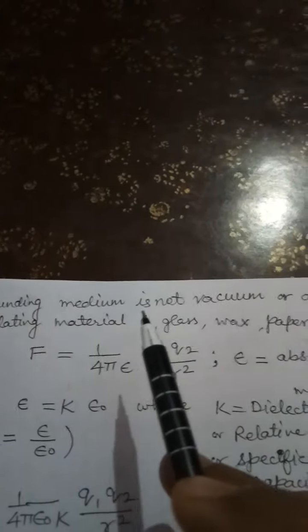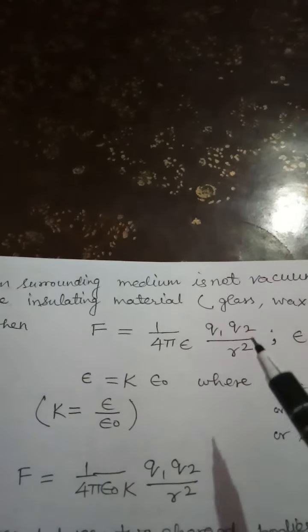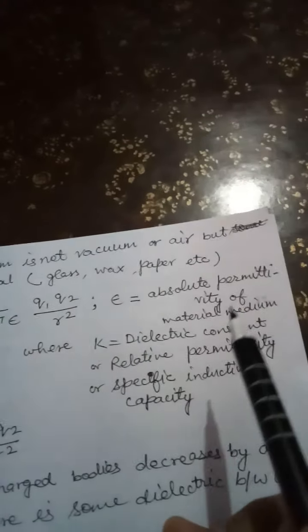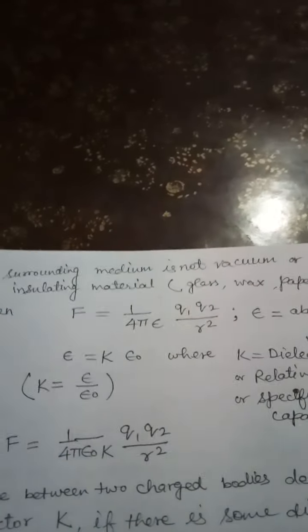But when the surrounding medium is not vacuum or air but some insulating material like glass, wax, paper, etc., then we can write force as 1 upon 4 pi epsilon q1 q2 upon r square, where epsilon is the absolute permittivity of the material medium.